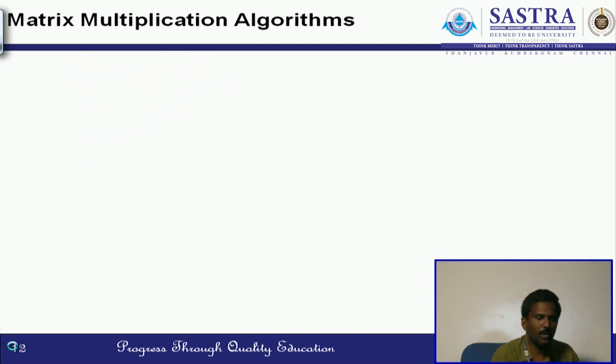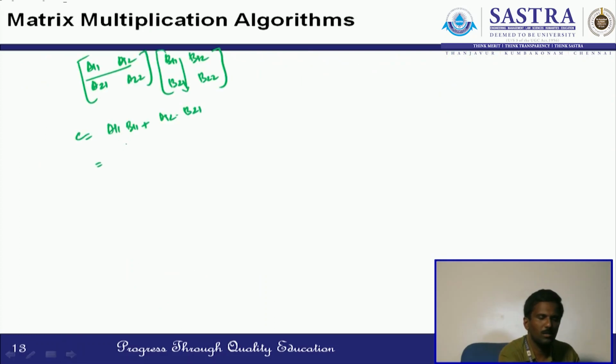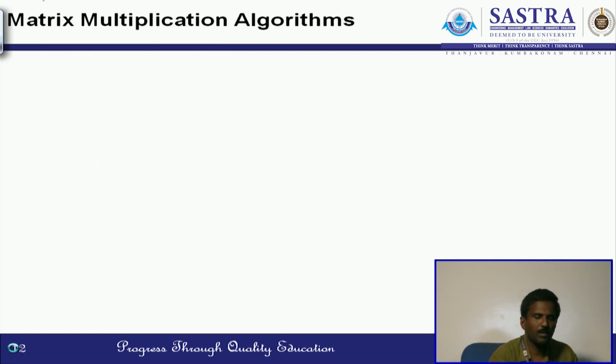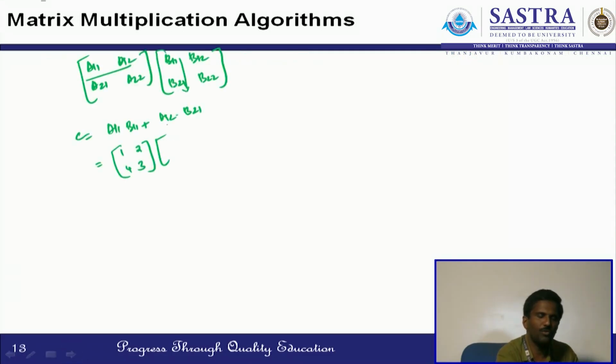So finding the product of A11 and B11, it seems 1, 2, 4, 3, 1, 2, 4, 3. This is multiplied with B11. B11 is 1001.